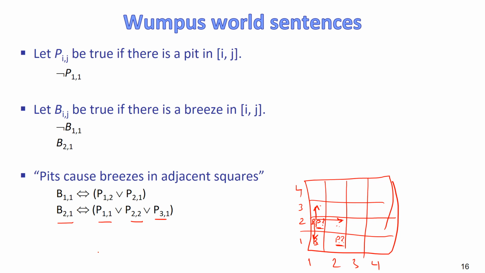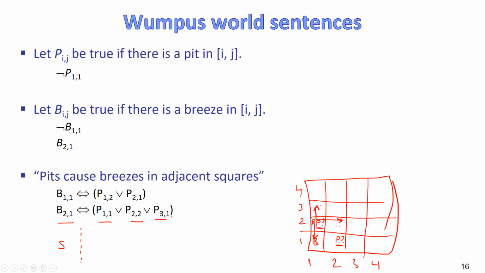Okay, and so on. So we have to enumerate all the rules like that, whether for a breach or for stench and so on. Before even the beginning of the game, we should add these to the knowledge base, because that will represent the rules of the game.